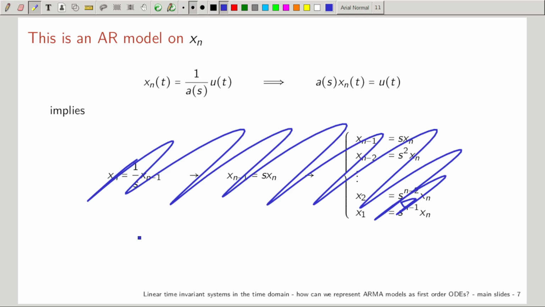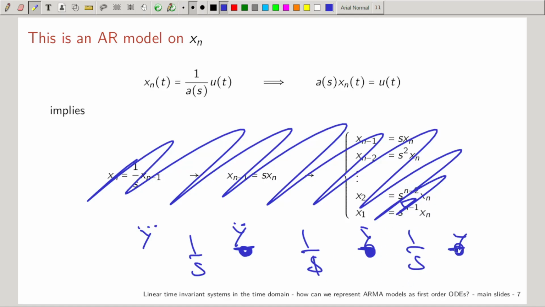Are we together that whenever I've got y 3 dots, then I've got 1 over s, then y 2 dots, 1 over s, y dot, 1 over s, y. Think of this, this, and this as the state. True? In a certain sense, I can think of an element of the state that I integrate, and I've got another element of the state, and I get an element of the state.